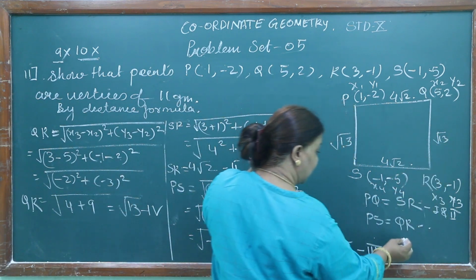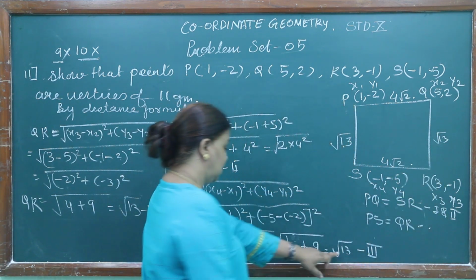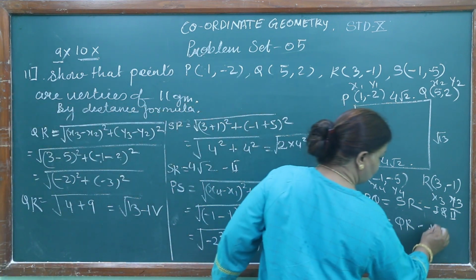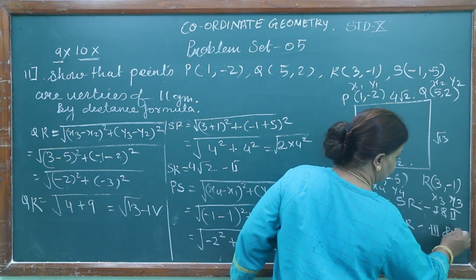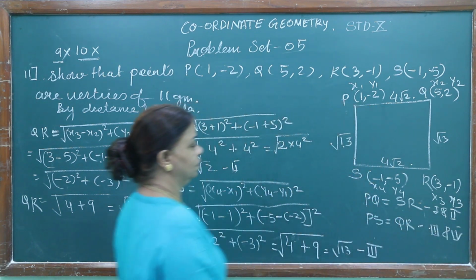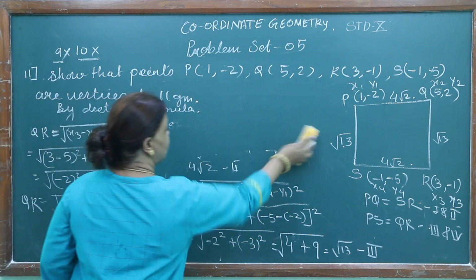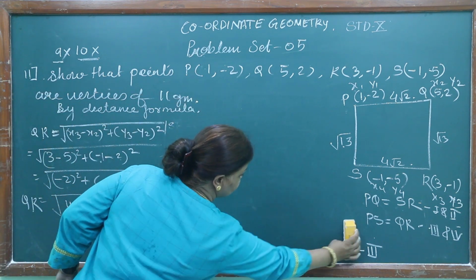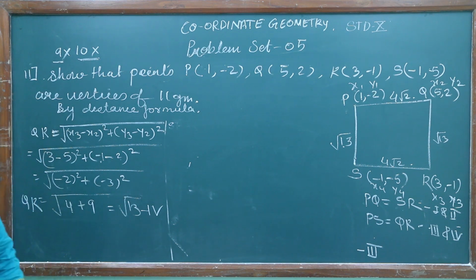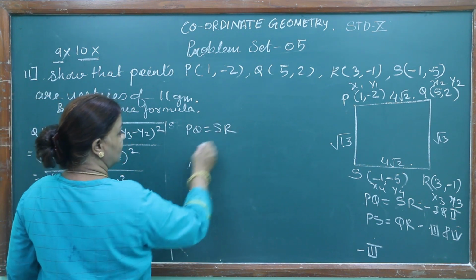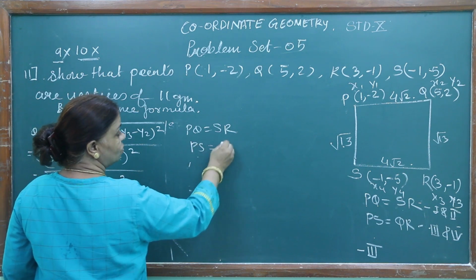So from third and fourth, we can say PS is equal to QR, and therefore opposite sides we are getting now equal. So we can say PQ is equal to SR and PS is equal to QR.